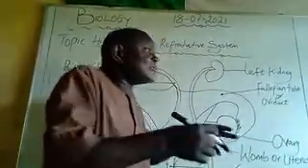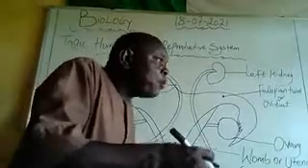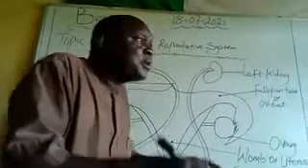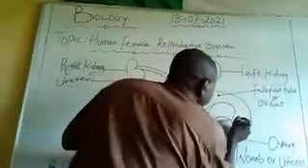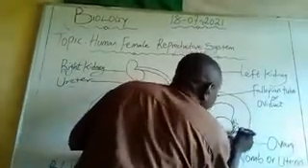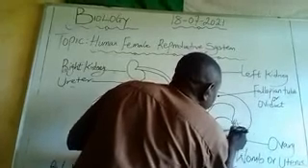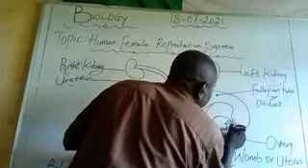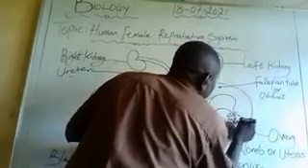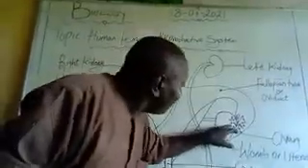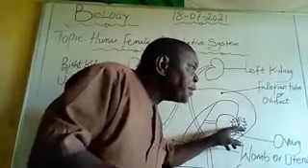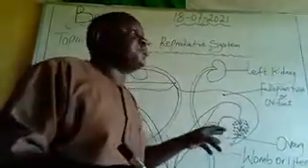Ovary has an outermost layer called germinal epithelium. It has an outermost layer called germinal epithelium.